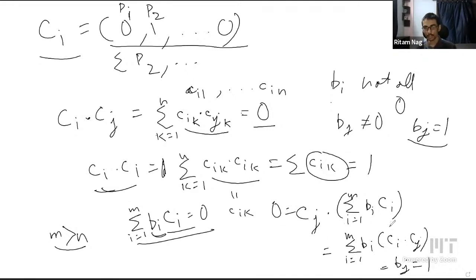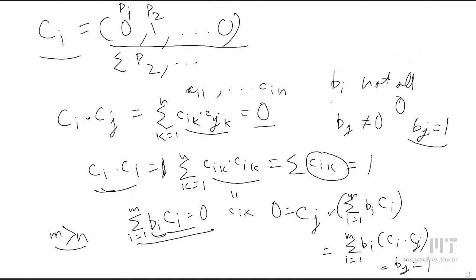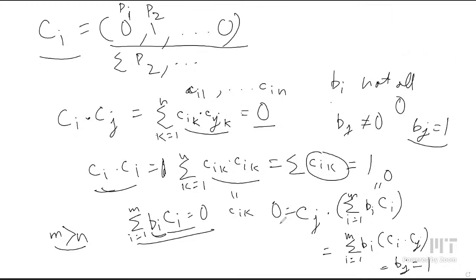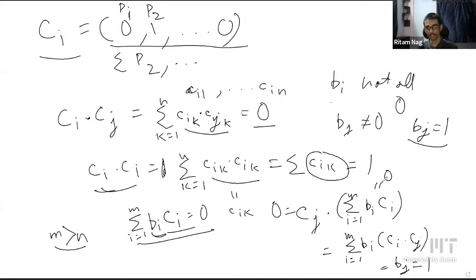So do you follow this argument? No. The sum of bi ci equals 0 by definition of the bi's. That's clear. So 0 equals cj dot 0, and 0 dot anything is 0. That's clear.